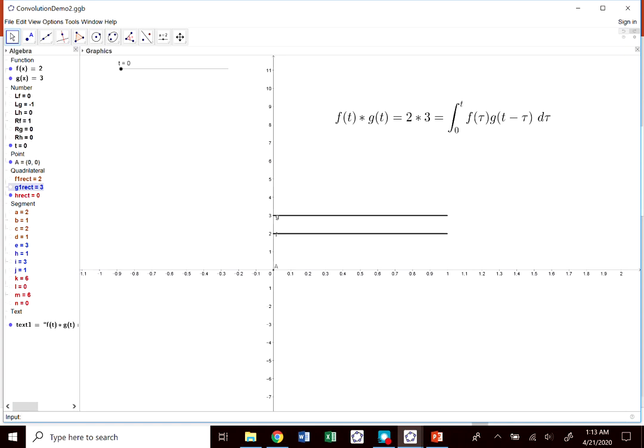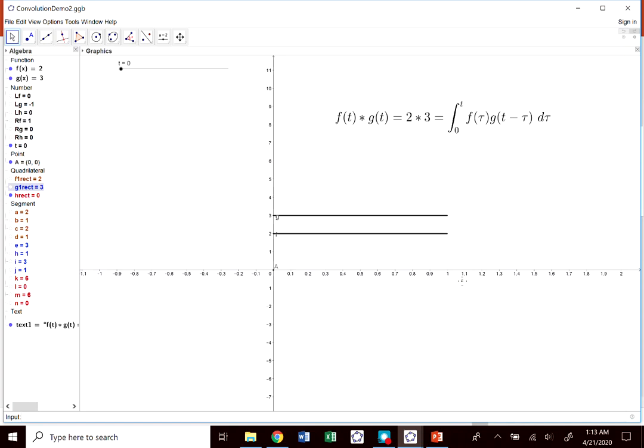Even though I say that, I should be a bit more precise. f of t is not 2 everywhere. Only on the interval 0 to 1, f of t is 2. Similarly, g of t has a value of 3 only on the interval 0 to 1. Everywhere else it is not defined or 0. Either way you can take it.